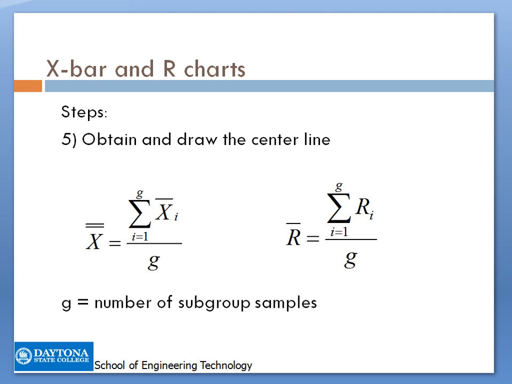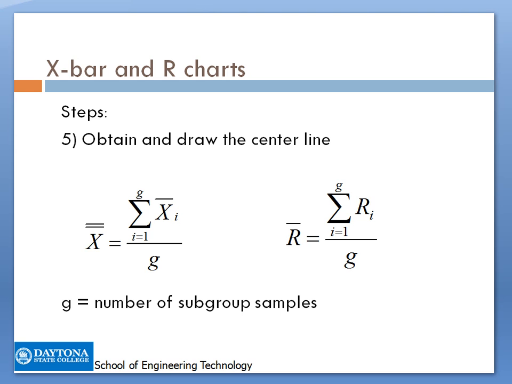Once you have that, you now have to calculate your center line, which is X double bar for the Xbar chart and the R bar for the R chart. And the way that you do it is, for the X double bar, you will take the sum of all those sample means that you calculated in the step before, and you're going to divide it by the number of subgroup samples.